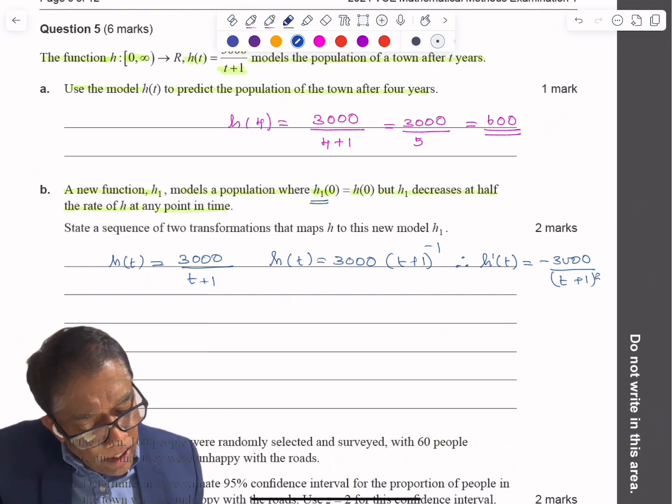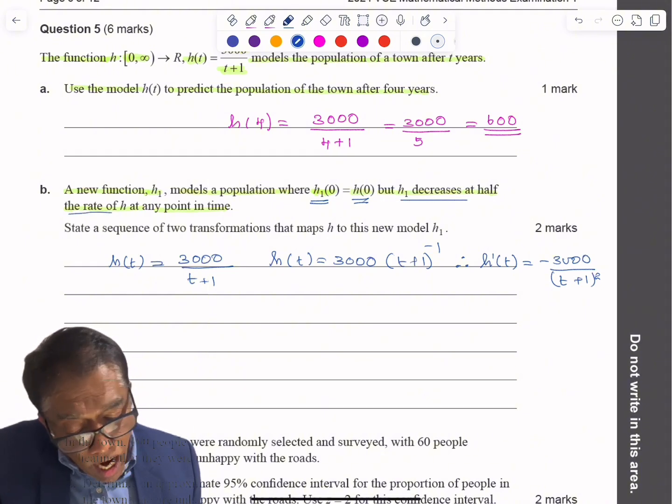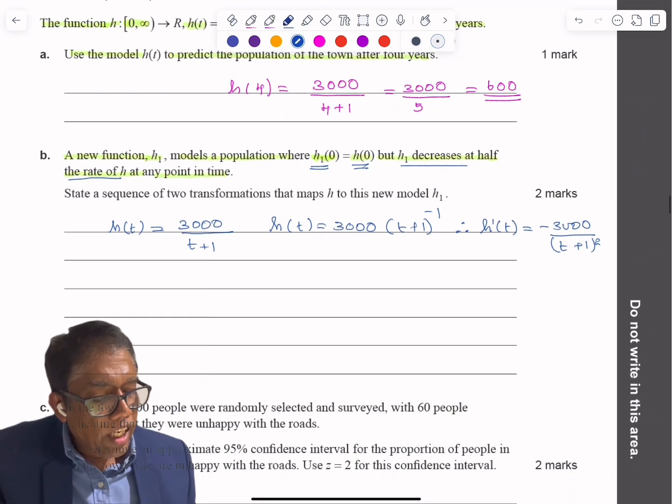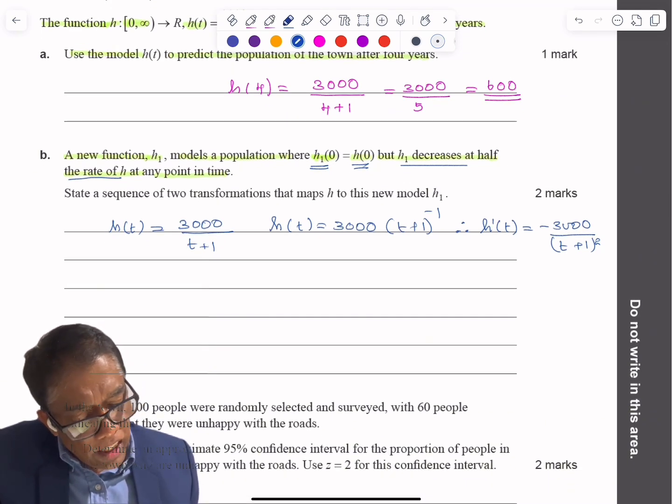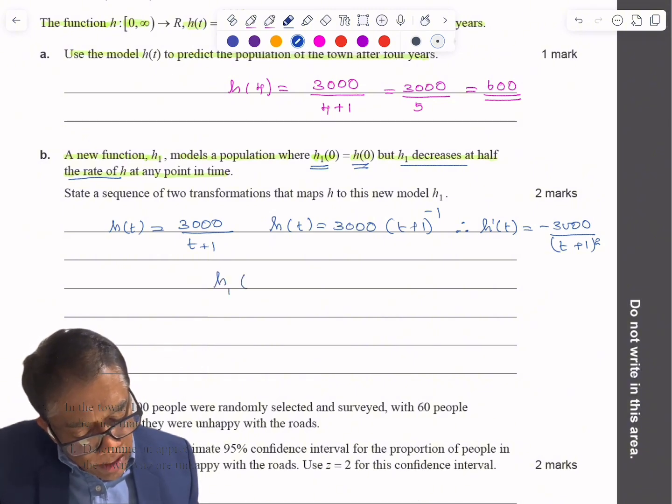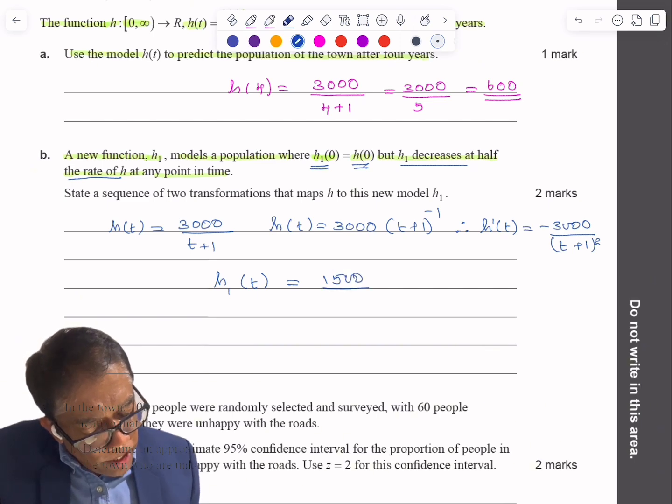However, it is given that h1 of 0 is h of 0, and h1 decreases at half the rate of h. This is the rate of change, or this one is 3000. However, h1(t) should be 1500 over t plus 1.